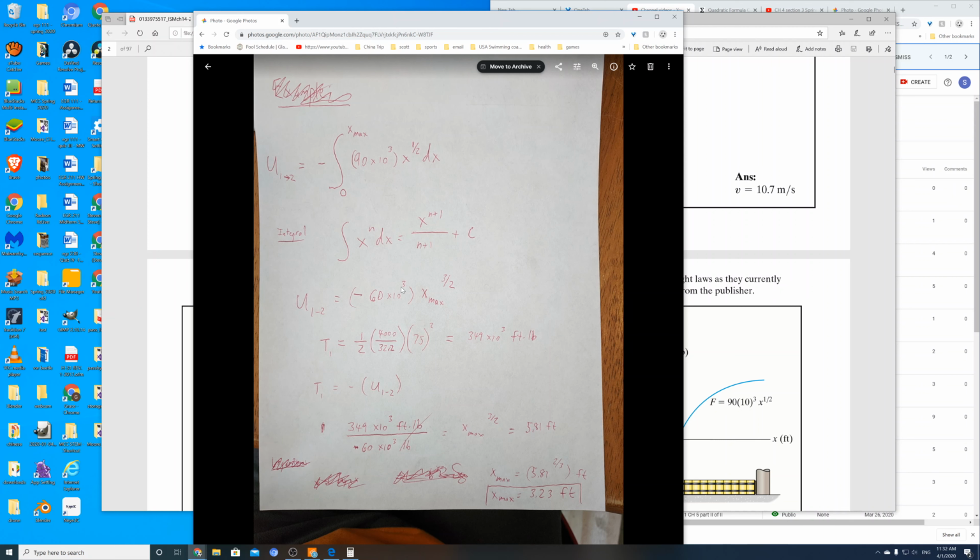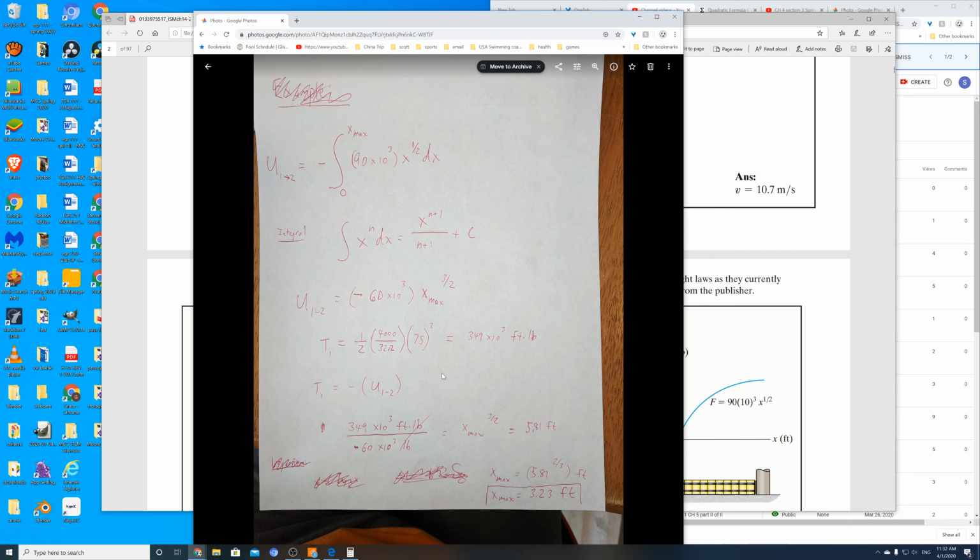Minus 60 times 10 to the third times x max raised to the three halves power. Now if I go through and do the calculation for T1, T1 is equal to one half mass times velocity squared, and it's 349 times 10 to the third foot-pounds. That's my initial kinetic energy.